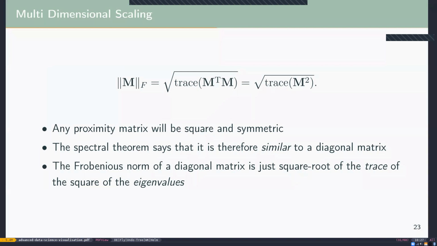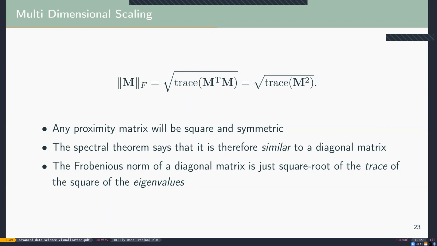Now, any proximity matrix will be square and symmetric. That makes sense, right? If it's not, we're in trouble, then I have guests that don't like each other in a weird setting. If that's true, there's a similar diagonal matrix to any proximity matrix.